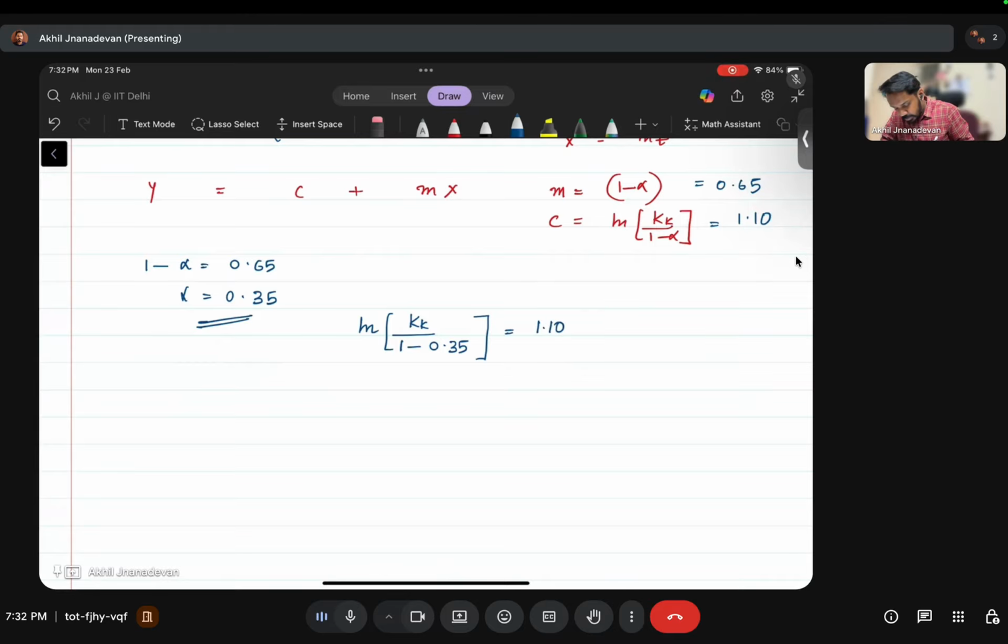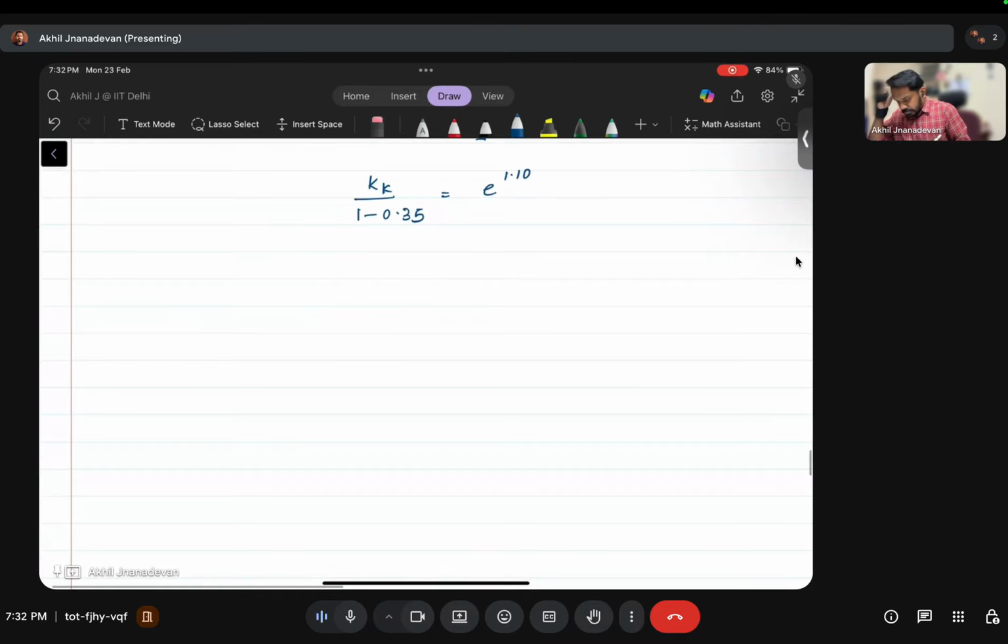And if you substitute that in the second equation, that is ln(K/(1 − α)) is equal to 1.10. If you take the exponential, K/(1 − 0.35) will be equal to e raised to 1.10, right? Then K will be equal to 0.65 times e raised to 1.10. If you calculate this, you'll get approximately K equal to 1.9527.